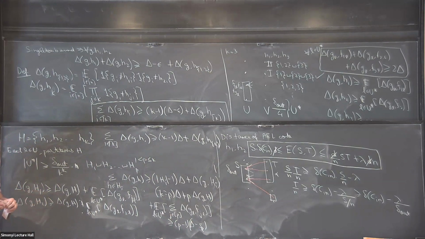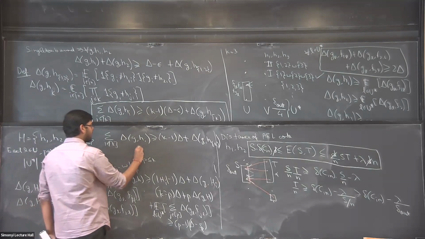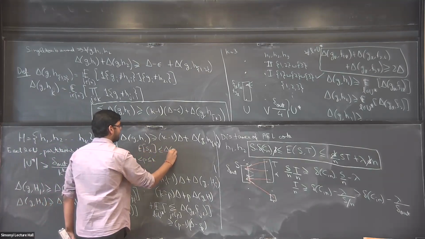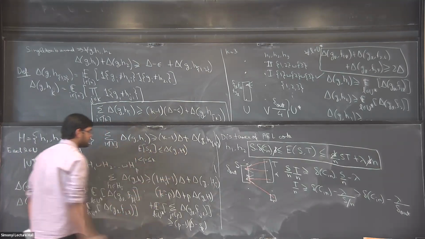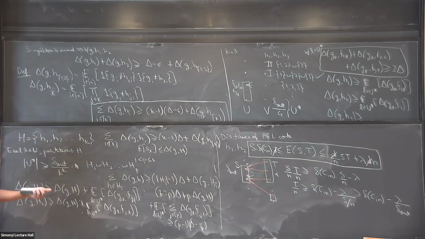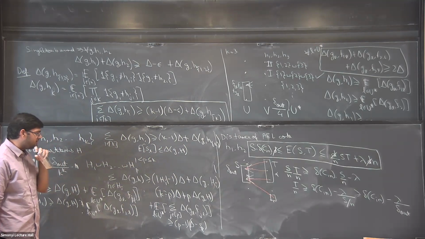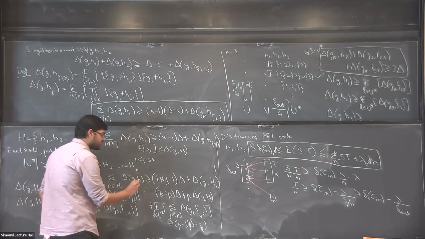So those are SL. That's the only place where we need this erasure-based thing. And then once we push this in, we'll basically get P minus 1 delta.